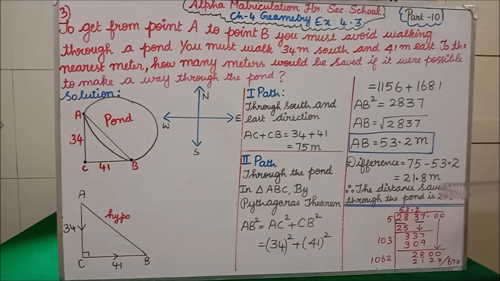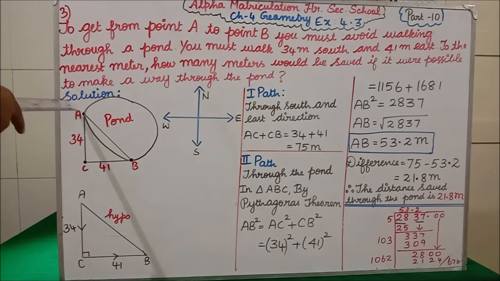We want to find the difference, so we subtract: 75 meters minus 53.2 meters. How many meters do we get? 21.8 meters. Here the distance saved through the pond is 21.8 meters. Clear, students? That's all. The problem is over.